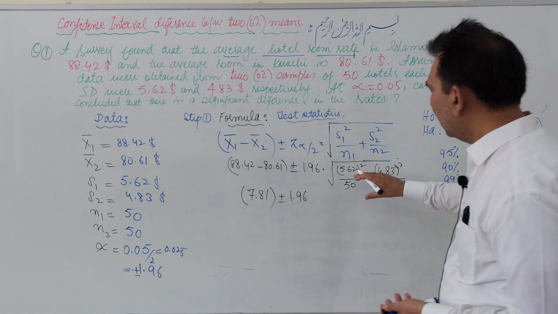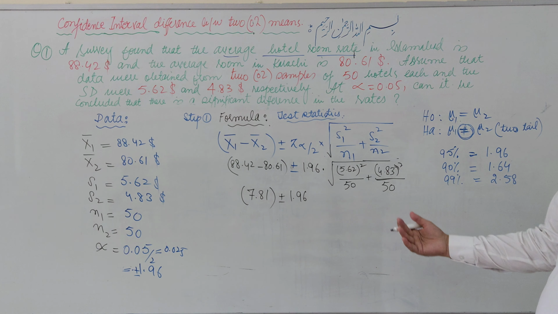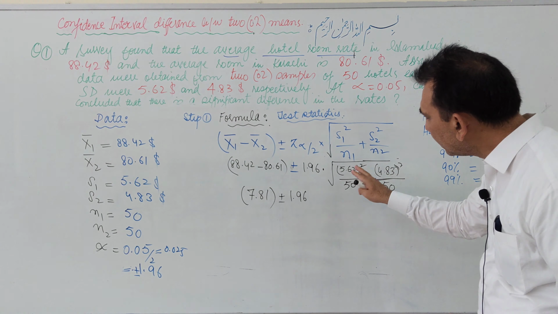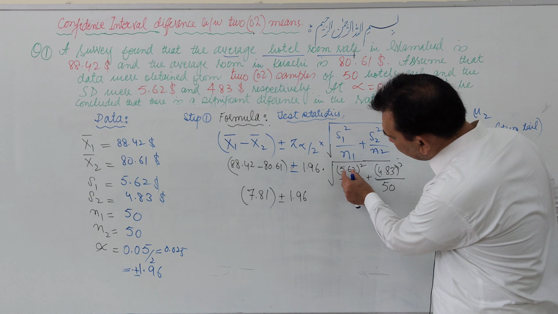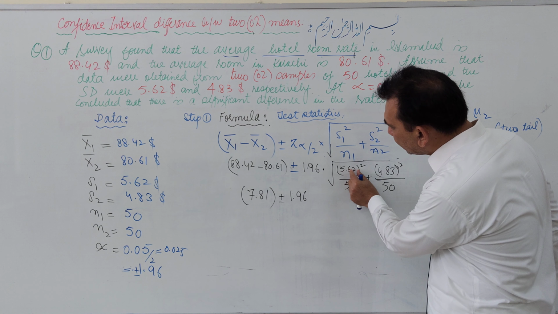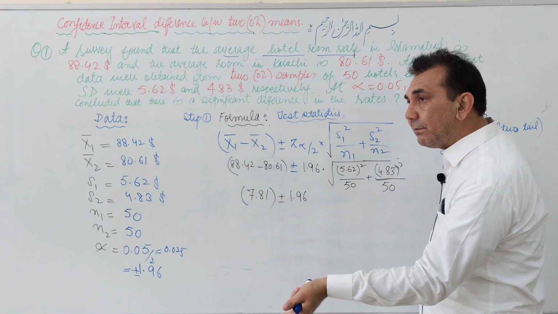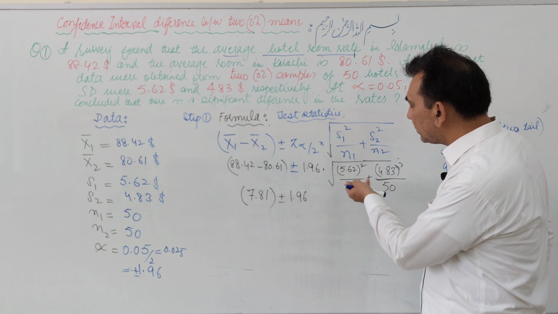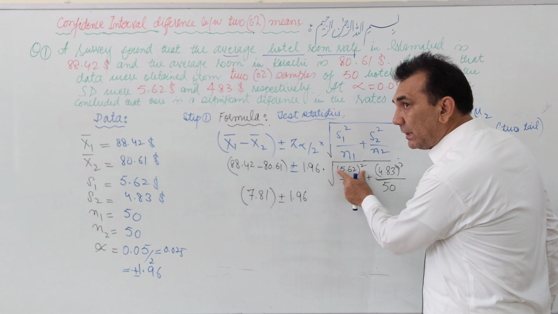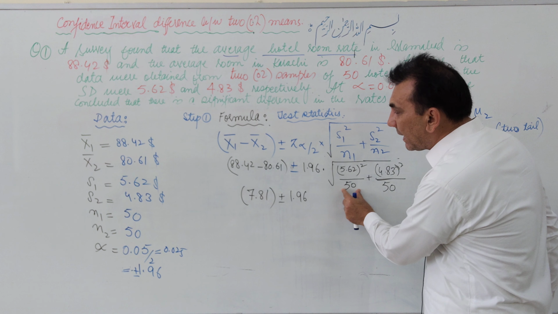1.96. Then we square 5.62, multiply 5.62 by itself, and divide the result by 50.